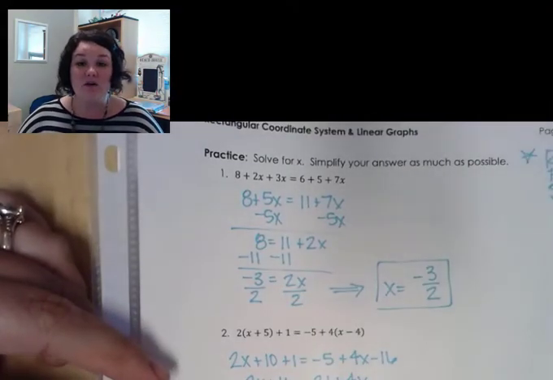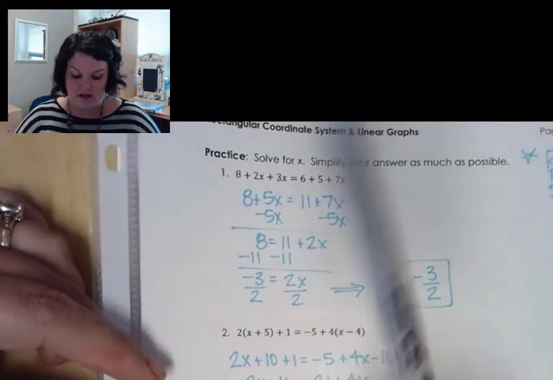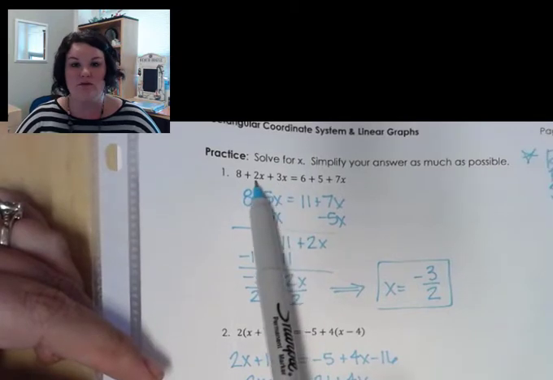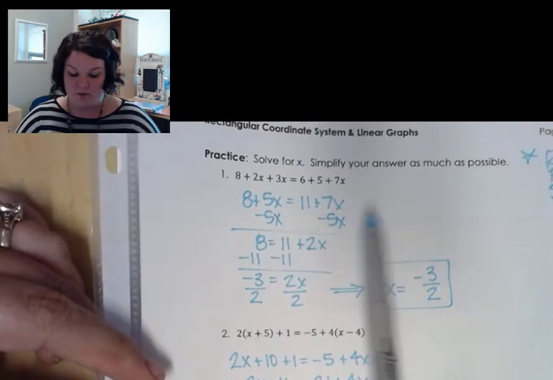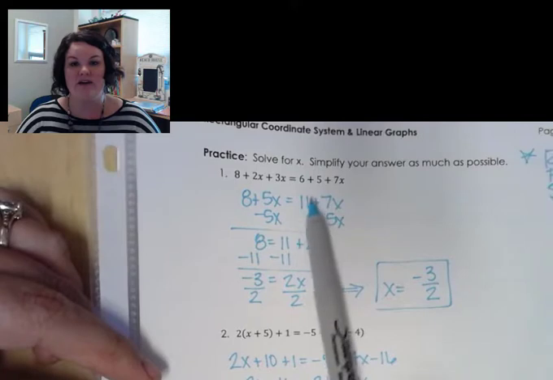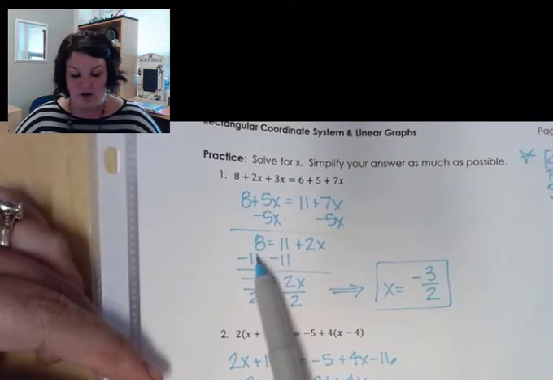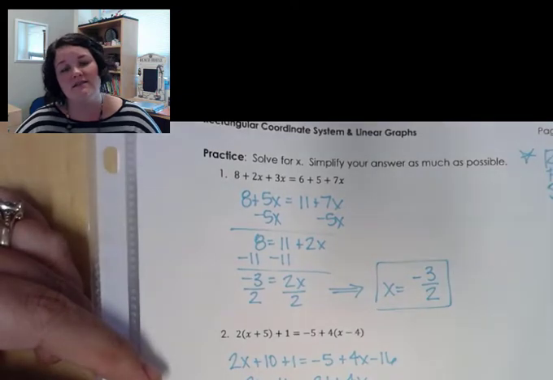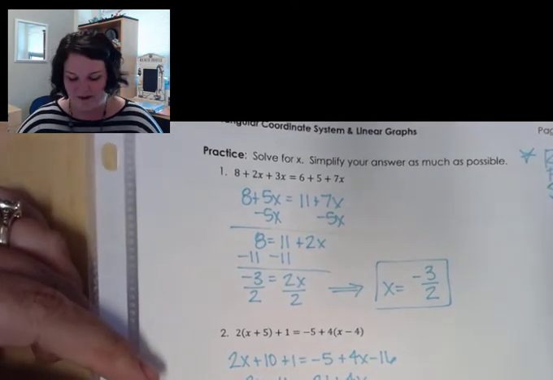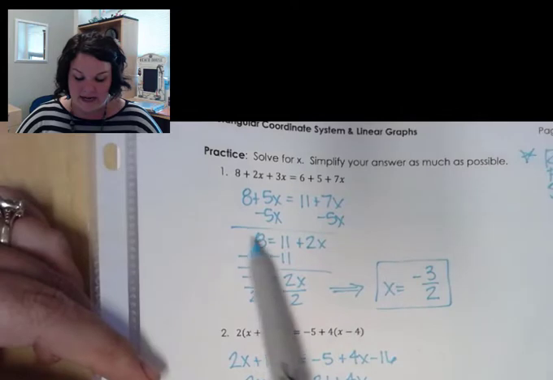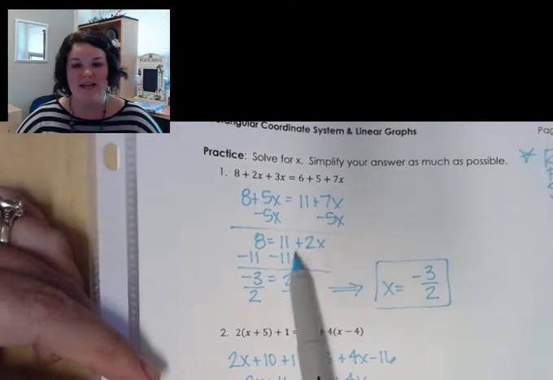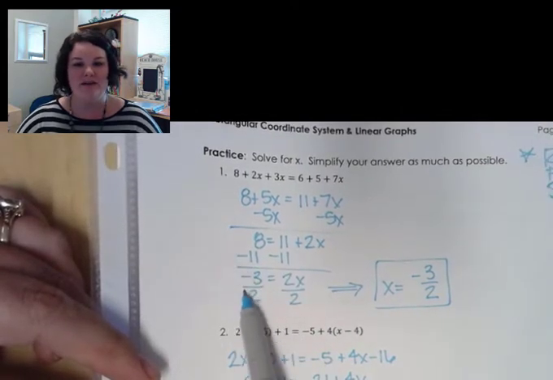All right, so here we go. So on number 1, we needed to start by first combining the 2x and the 3x to get 5x. On the right-hand side, we can combine the 6 and the 5 to get 11. We move our x's to the left, or I guess I moved them to the right over here. Oh well, same thing. I collected my x terms over here, which gave me 2x, and then I moved my 11 over here, which gave me -3.